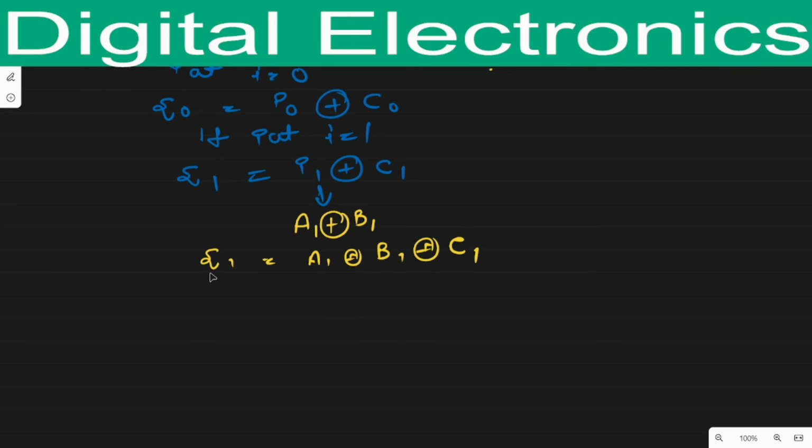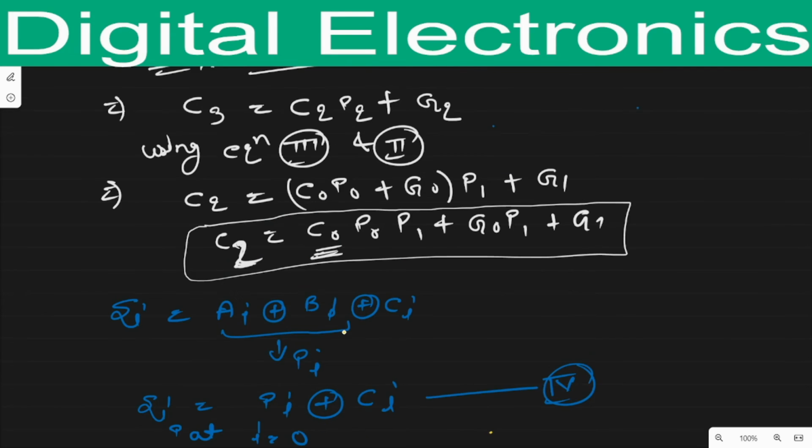Same as our next condition also. When I put i equals 2, I get S2 equals P2 XOR C2. And C2 and C1 are, by the previously mentioned equations, already expressed in the form of C0.